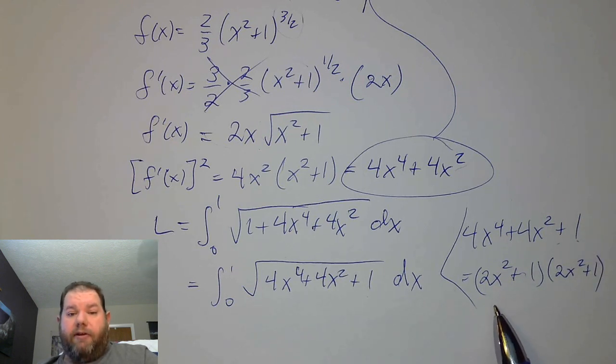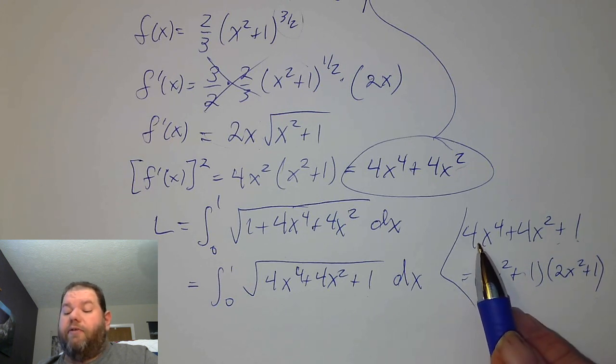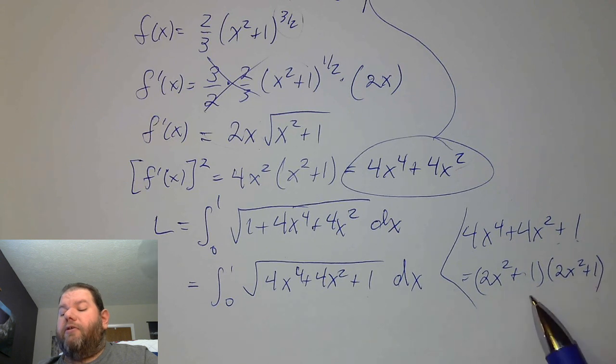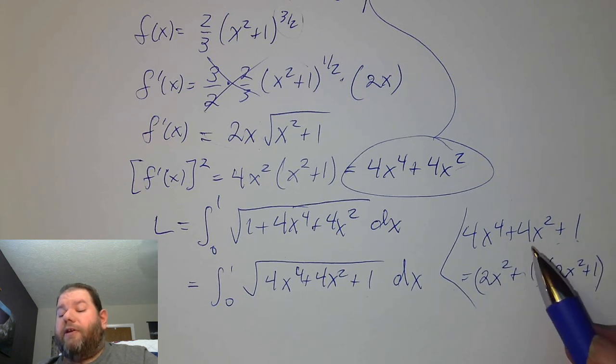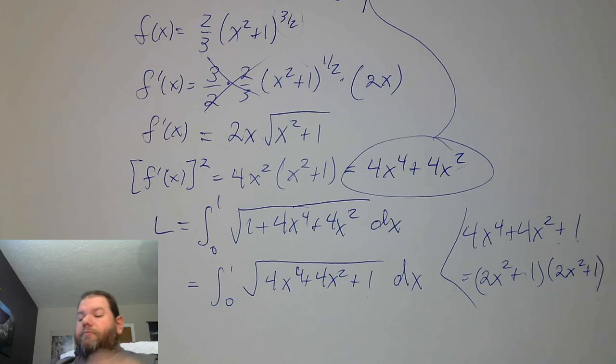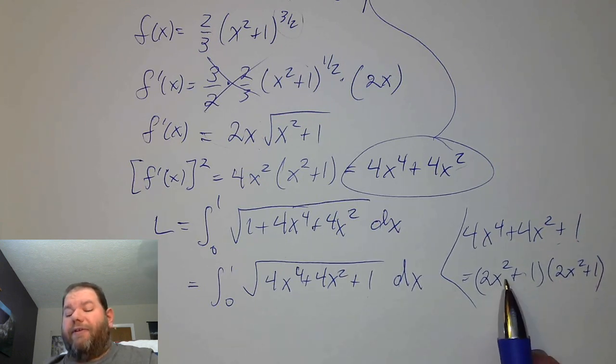If we multiply it back together, we can verify 2x squared times 2x squared is 4x to the 4th. 2x squared times 1 on the outside, 2x squared times 1 on the inside, that adds up to 4x squared, and then 1 times 1 is 1. Now the reason this works out is that we actually get identical factors here, so we can write that as a single binomial that's being squared.